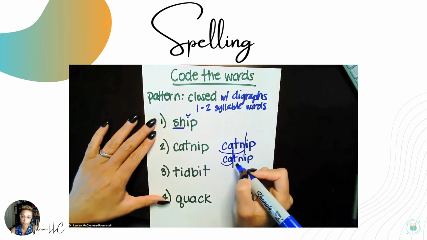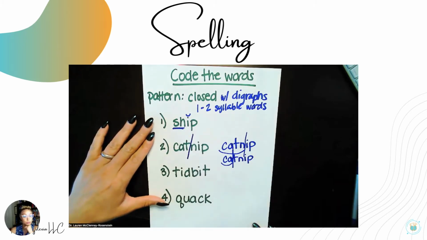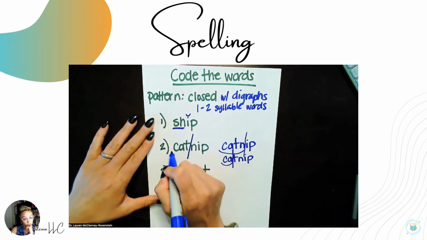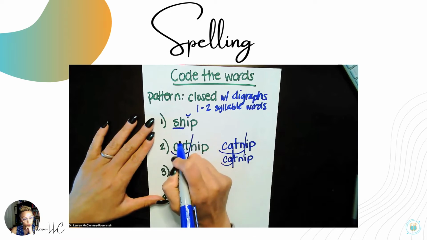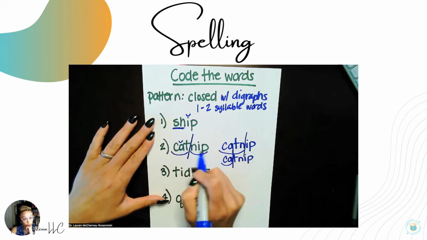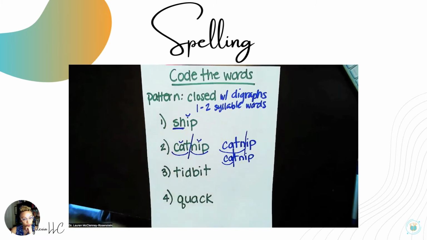Then they'll say, oh, then they'll go back here. And then they'll put the line where it belongs. So then you can say, all right, what is this first syllable? At, cat, it, cat, nip. And that's how you know that they're coding the word correctly.